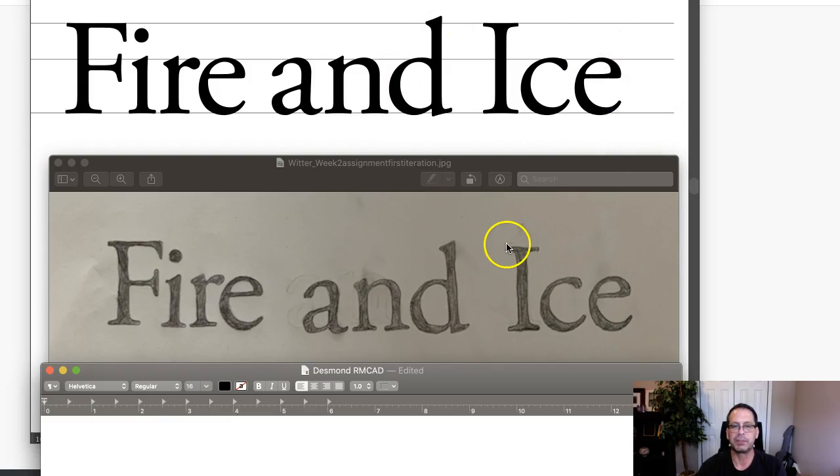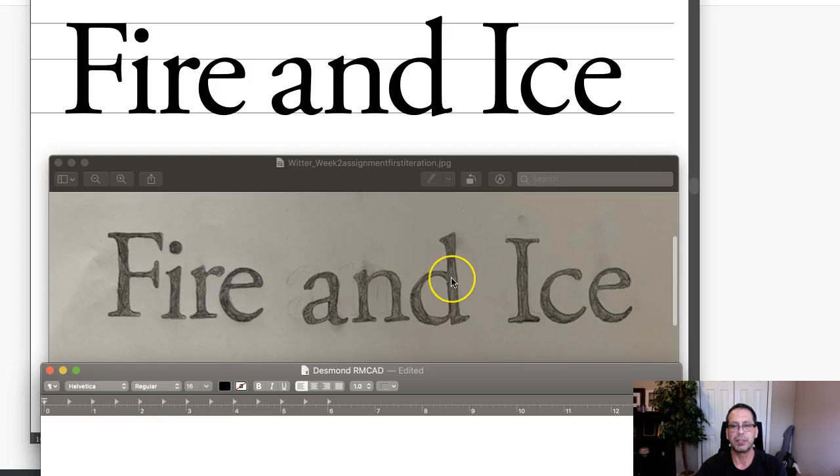Of course, it's much more difficult to do while tracing than it is to do on the computer, but that's what makes this such a great assignment, is it allows you to get very intimate with the shapes of the letters, thereby becoming very intimate with the counter shapes or the counter forms associated with that particular letter. And that's the negative space, or the shapes that surround the letter, which to a very high degree dictate how versatile that letter is and how that letter can be used in conjunction with other letter combinations.